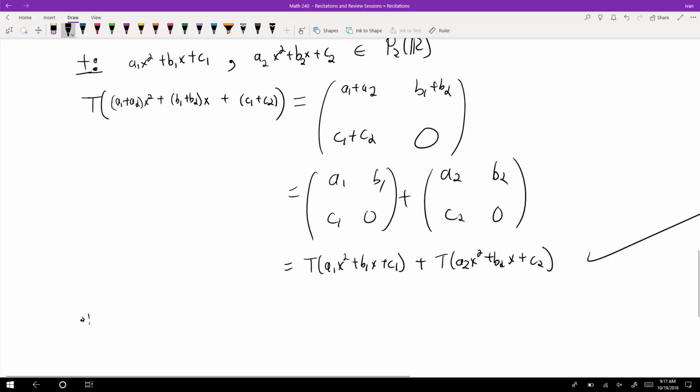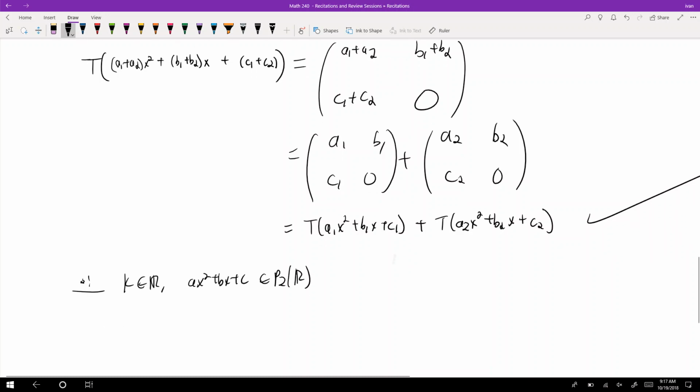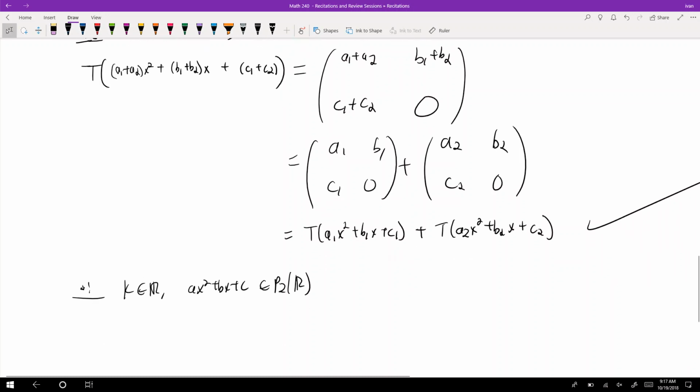Now let's do scalar mult. So now we'll just take k in R and ax squared plus bx plus c in P2R, and we get T of, all right, so we got to do T of k times this polynomial, which is really then each of the coefficients just gets multiplied by k. So kax squared plus kbx plus kc.